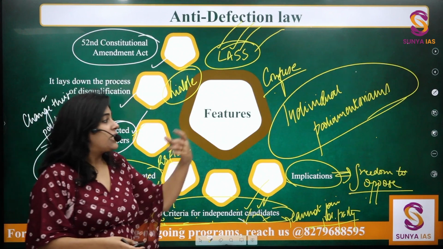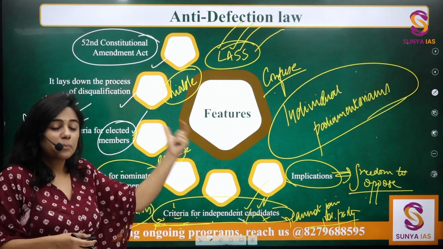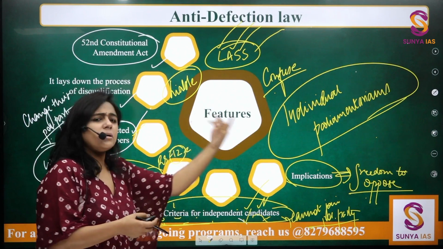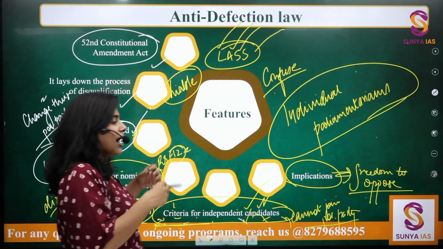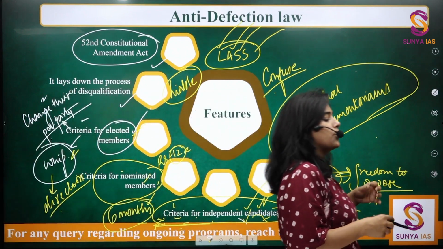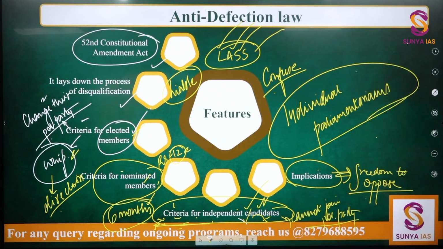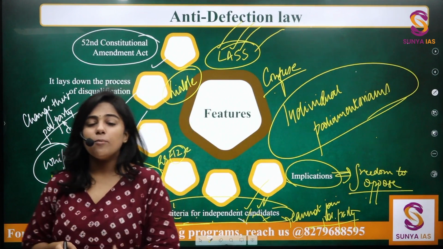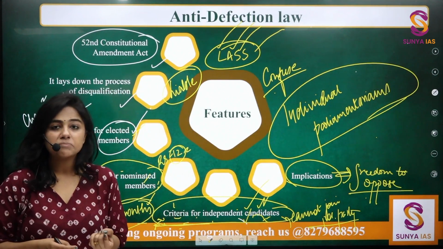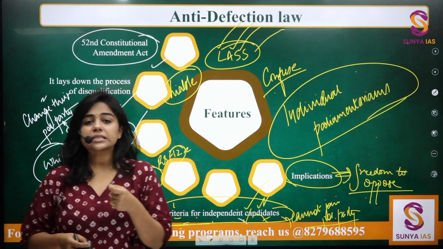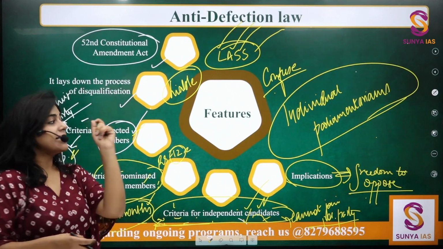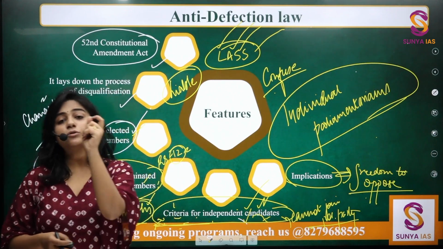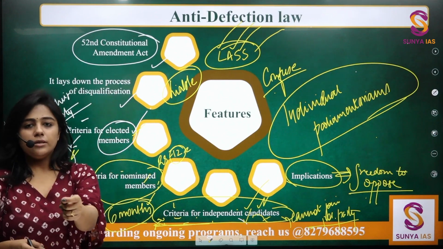That means the constituency that they are representing, they're actually not representing that constituency. They are ending up representing only a political party. And allegiance to a political party is not the primary feature of a parliamentary democracy, of a representative democracy. The primary characteristic of a representative democracy is that the leaders have to represent the people, right?